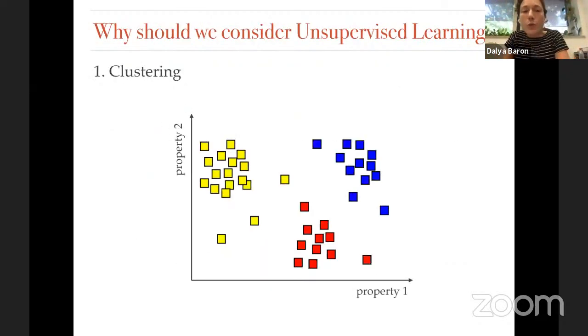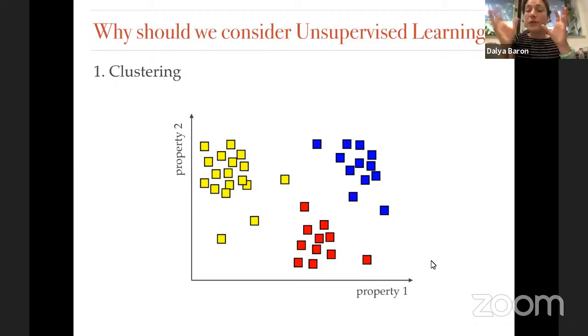And why is it important? Why should we as scientists apply unsupervised learning to our algorithms? There are various examples. So first of all, in terms of clustering, imagine that I have a dataset with many different features, and I have a clustering algorithm that told me that the dataset consists of 3 classes. And imagine that this dataset is of planets.